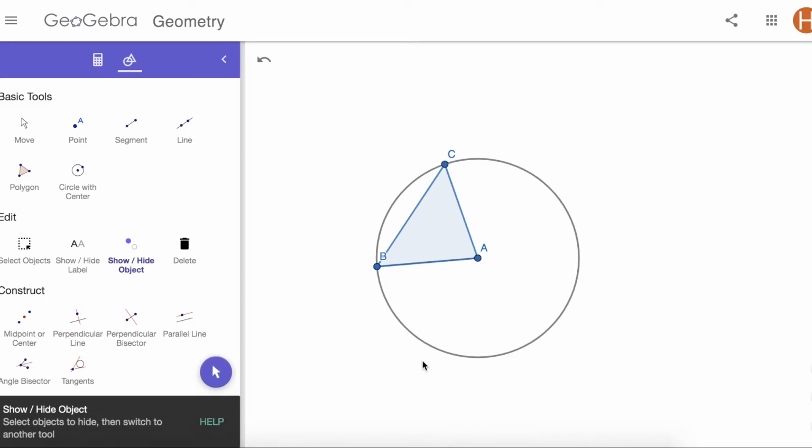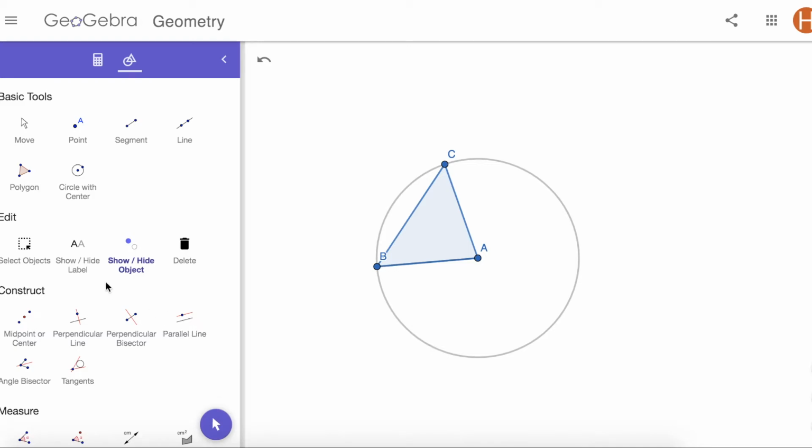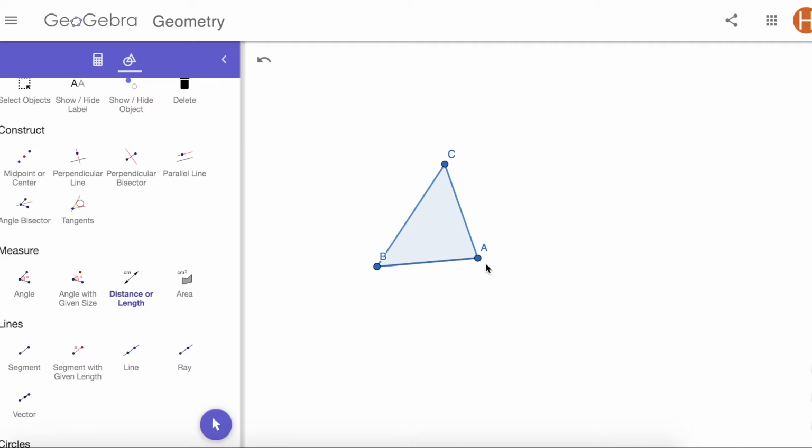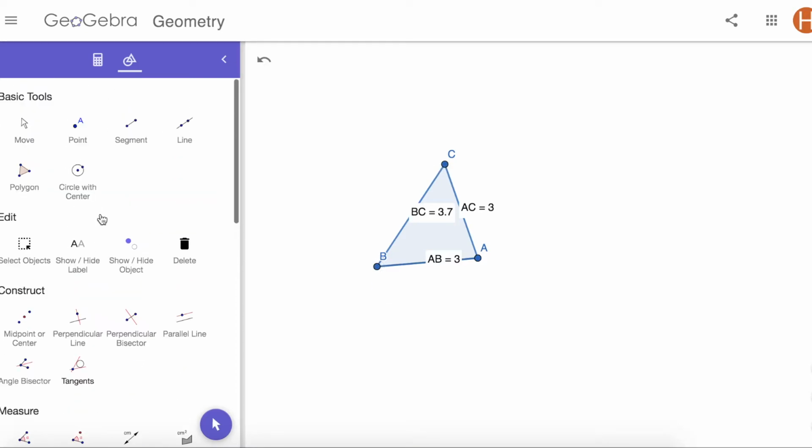Now I can hide the circle, and when I measure the lengths of the triangle, we see that AB is the same length as AC. BC is not the same length, and it doesn't have to be because it's an isosceles triangle.